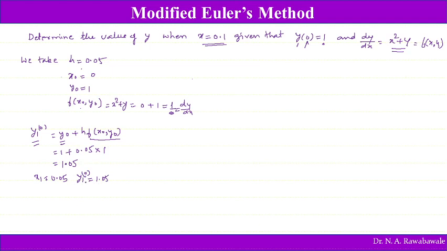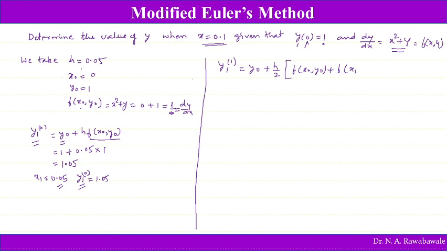Now we want to refine this value of y1. To refine the value of y1, we can take it as y1 first iteration, which is equal to y naught value, we know, 1 plus h by 2 into f of x naught y naught plus f of x1 comma y1 zeroth iteration, the first attempt which we want to improve, that is y1 of 0.